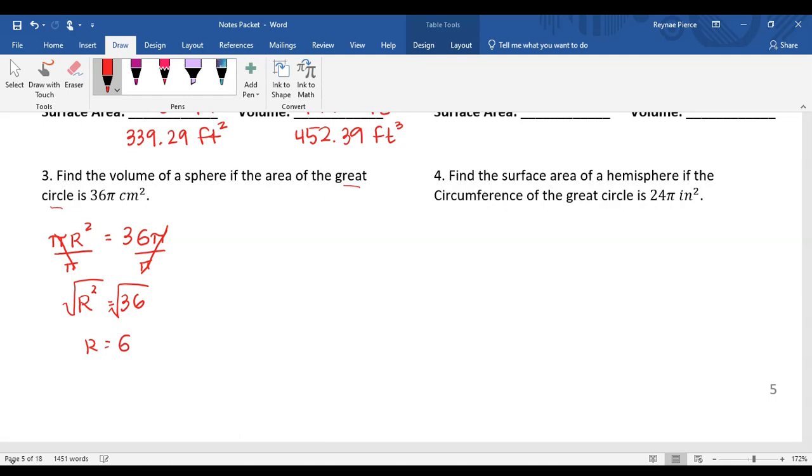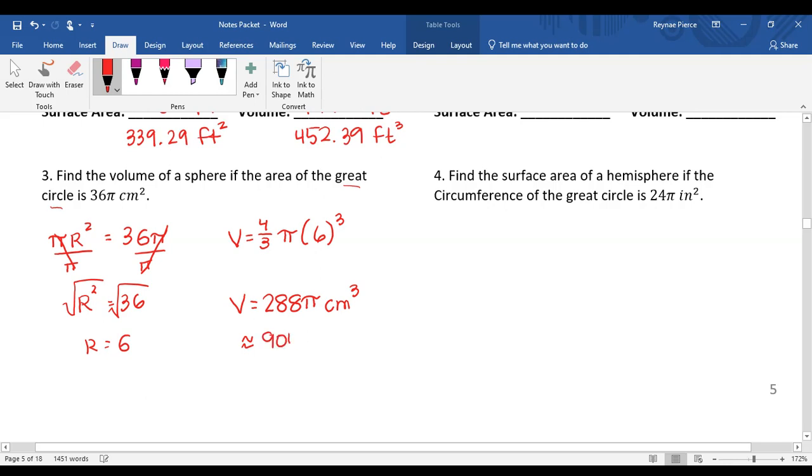And to find the volume of a whole sphere, 4/3 pi times that radius cubed, which gives us a total volume exactly of 288 pi cubic centimeters, or approximately 904.78 cubic centimeters.